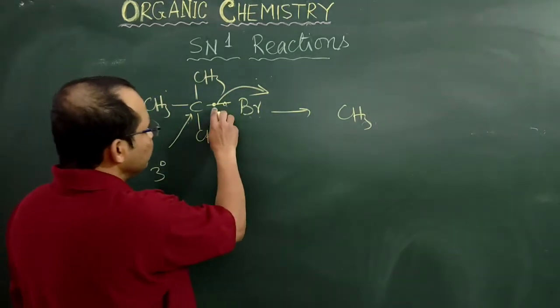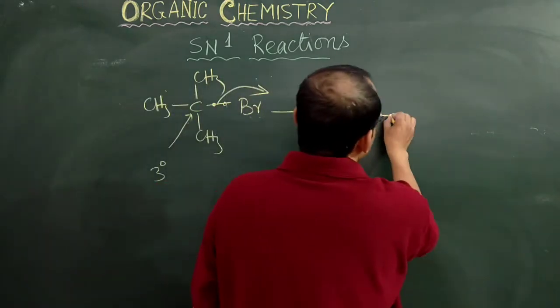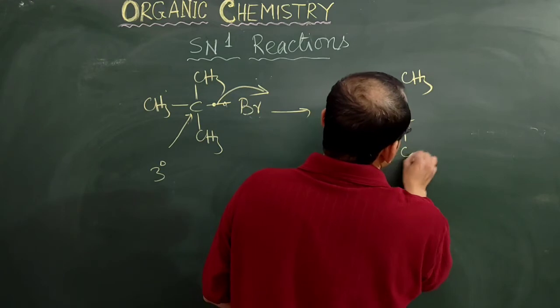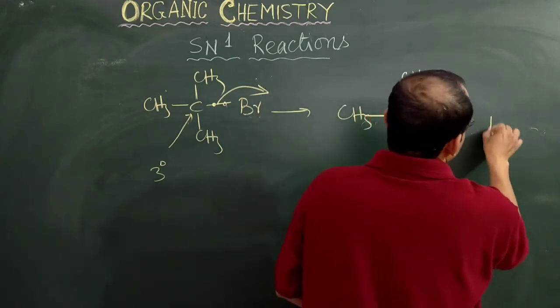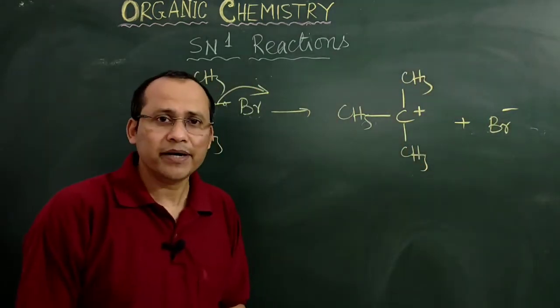If it departs from here, then what will remain is the original substance without bromine. This will be positive and bromine will come as Br minus.